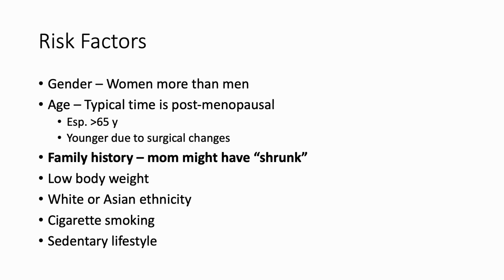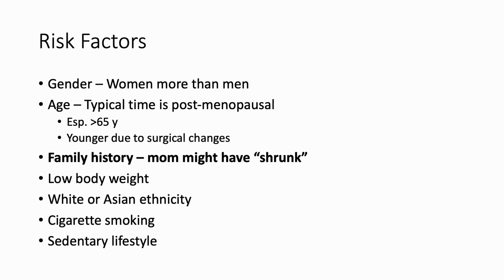Age, so the typical time, especially for a female, is postmenopausal, especially greater than 65 years. Younger patients can develop it due to surgical removal of the ovaries. So this is an issue of estrogen in our postmenopausal population. There may be a positive family history.